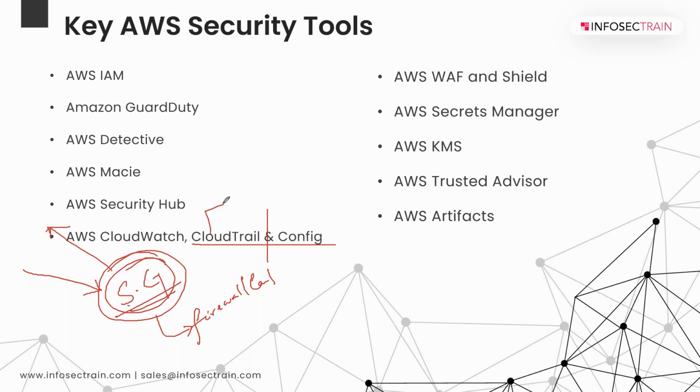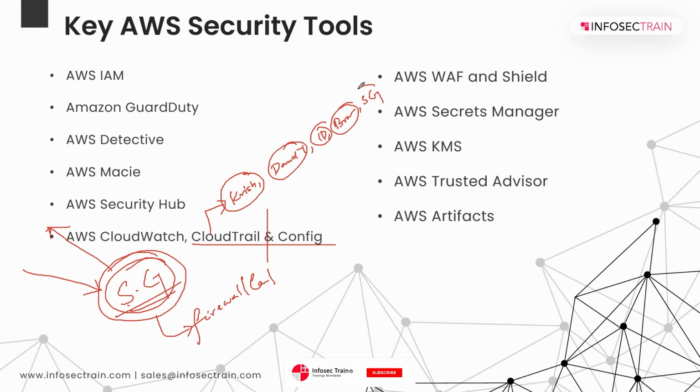CloudTrail will tell me that this user, at this date and time, from this IP address, using this browser, has modified this particular security group.